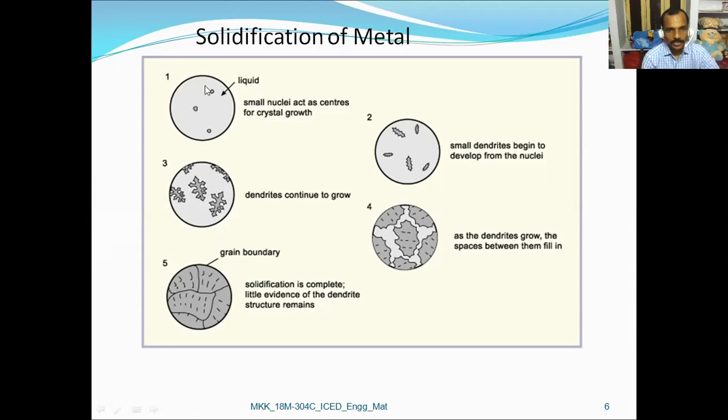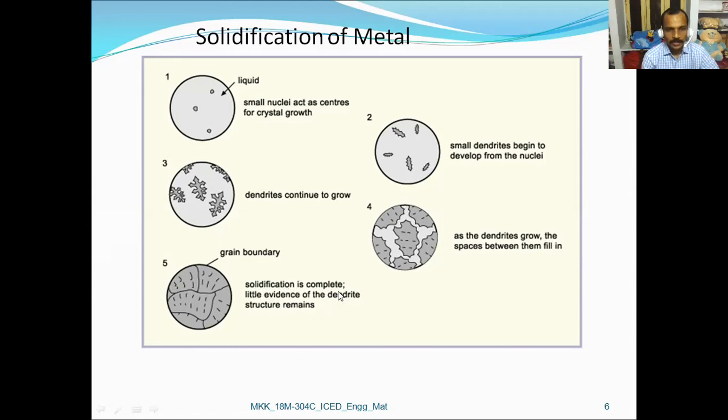This is the dendrite formation. These dendrites continue to grow with several branches in this form. Next, coming to the fourth step, as the dendrites grow, the spaces between them fill in, from one dendrite to the other.